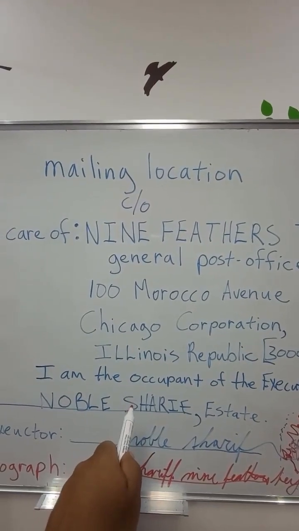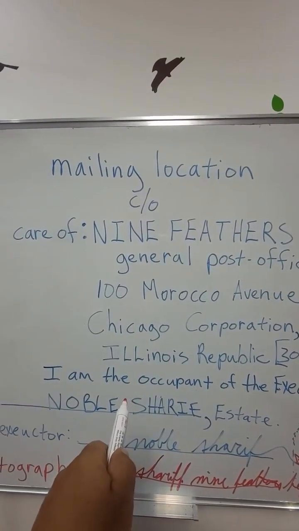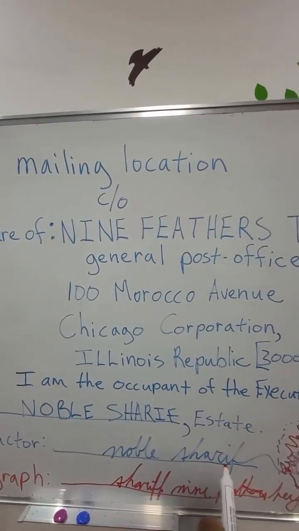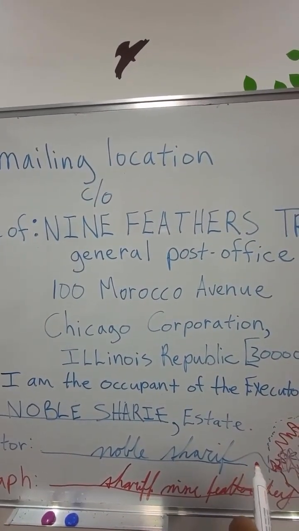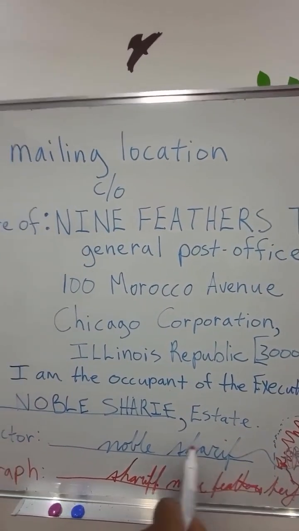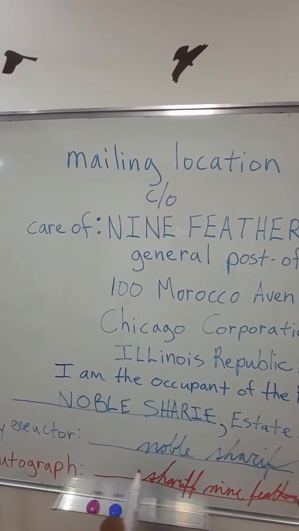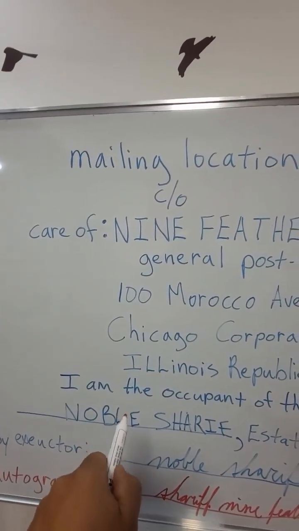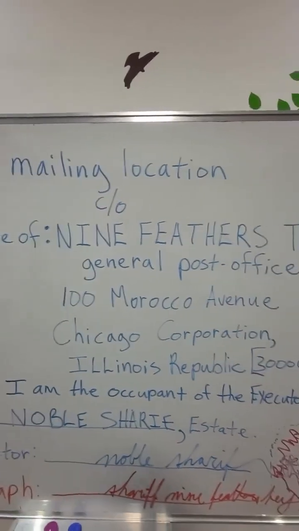So there's two ways you could do it. You can use the name of the straw that you had to be executor, because you're still the only one that can use the name that your mother gave you, realistically, right? Or you can use your new Moorish appellation being the executor of this dead name, this dead straw.